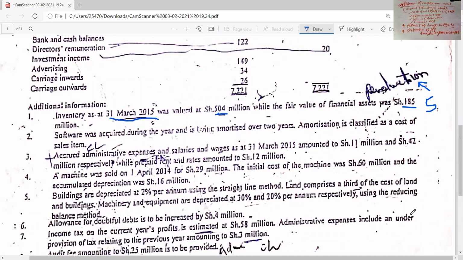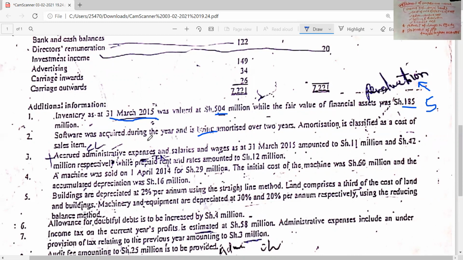Number 2. You have to interpret every additional information. Software was acquired during the year and it's being amortized over 2 years. Remember, amortization is like when we say an asset has been depreciated, but you can't say an intangible asset like software is depreciated.